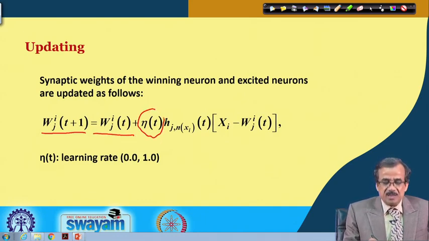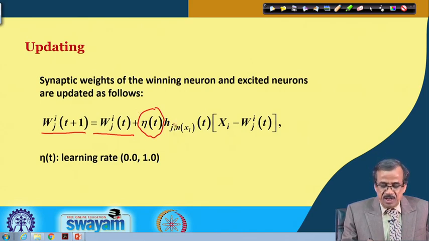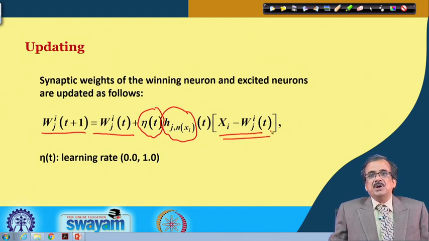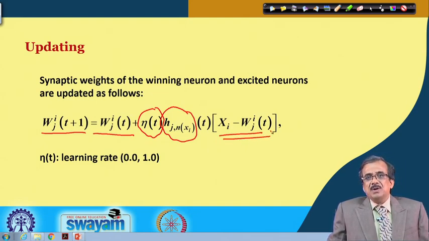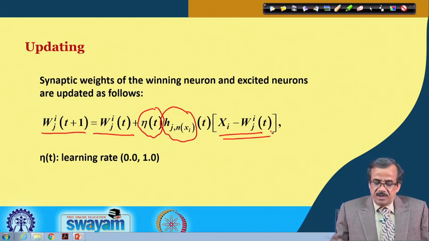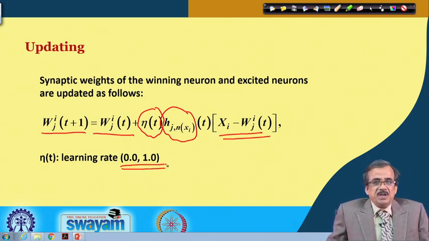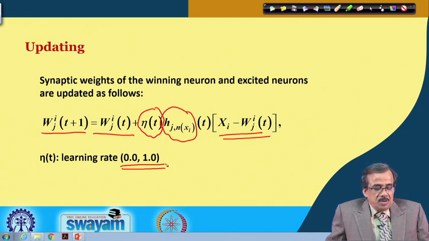Eta t is nothing but the learning rate, and h j n x i is nothing but your neighborhood function, which I have already discussed, and x i minus w j i t is nothing but the difference between your x i and the w j i at the tth iteration, and this particular learning rate is going to vary in the range of say 0 to 1.